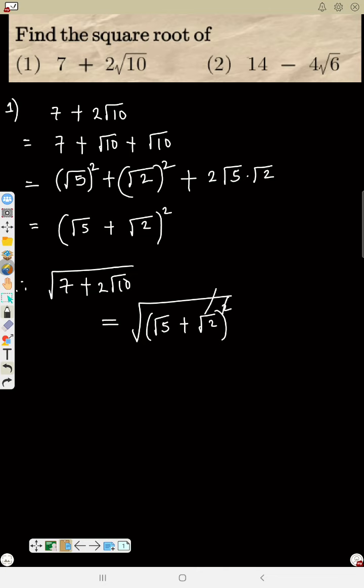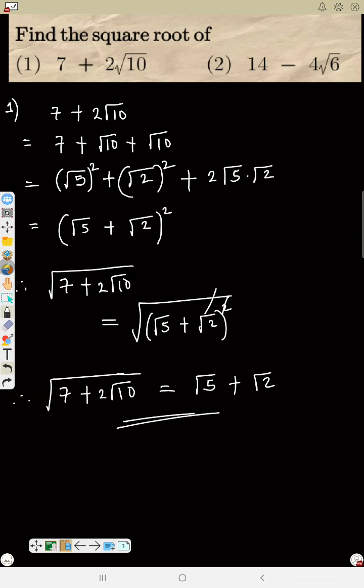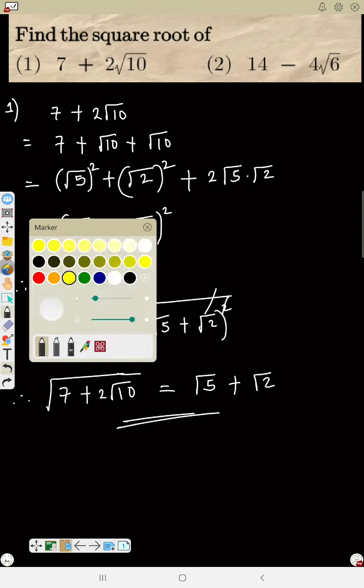So that this square will cancel out this. So we have square root of 7 plus 2 root 10 is equal to square root of 5 plus square root of 2. Answer. So you need to know this identity.